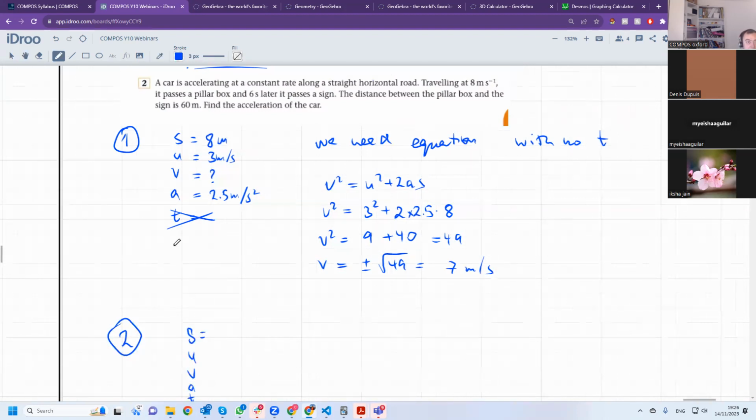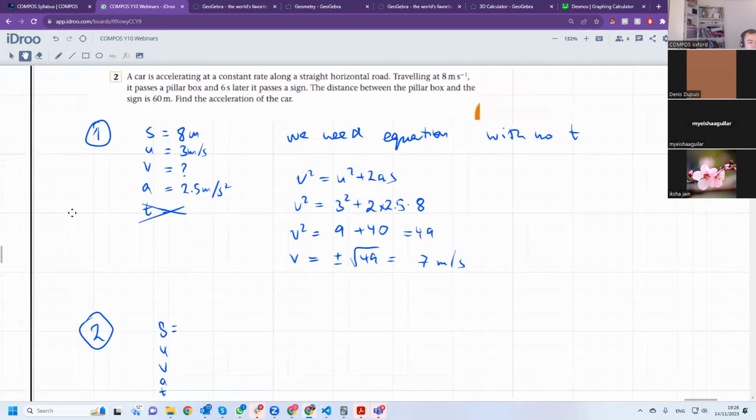Let's check your understanding. What is s in the second question? $60. Well done. What is u? $8. Yes.